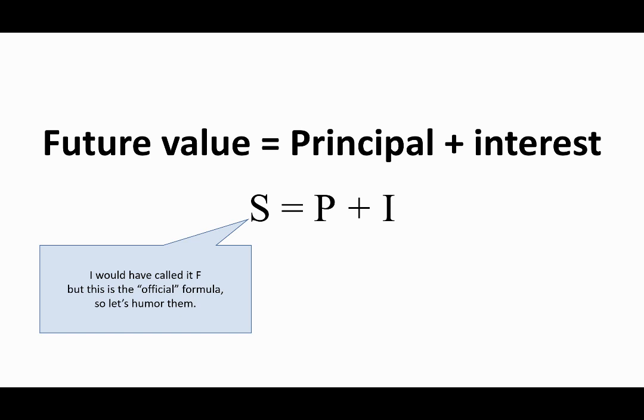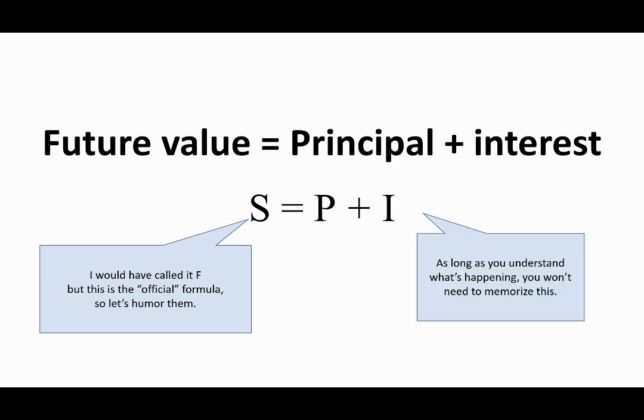So my only comment about this in terms of trying to remember this formula is I'm not sure why they put S there, because really future value doesn't start with S, but you know what? This is the official formula. So in case you run into it somewhere else, I need you to kind of recognize it. So we'll leave them with the S anyways.